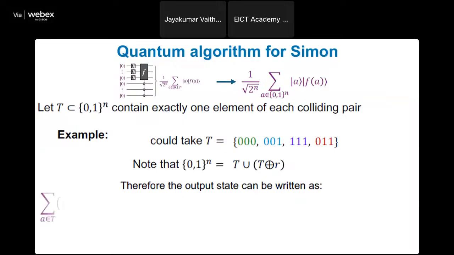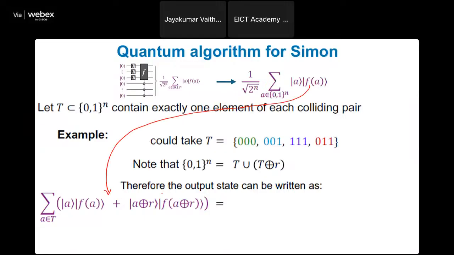Therefore the output state can be written in this form. Whatever input you are giving is bitwise added with your A. So your function will turn into such a way.